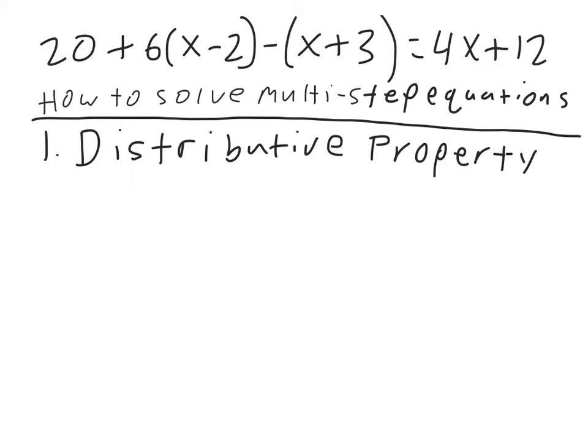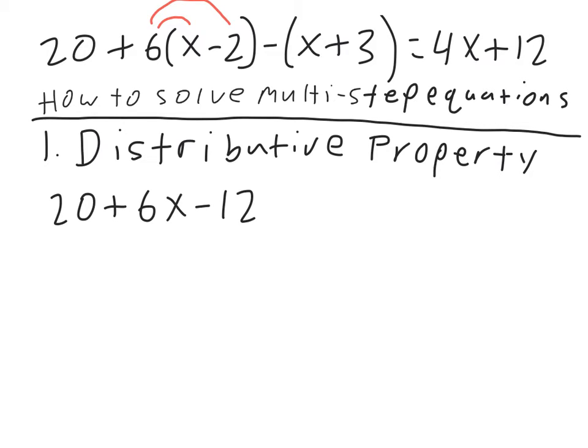So we start out by writing the 20 that stays there, plus, and then we take the 6 that sits there, and we want to multiply it by x and by -2. So 6 times x is 6x, and 6 times -2 becomes -12.